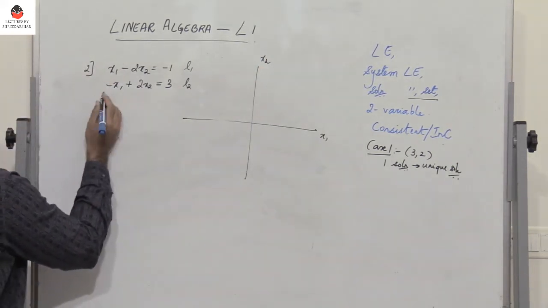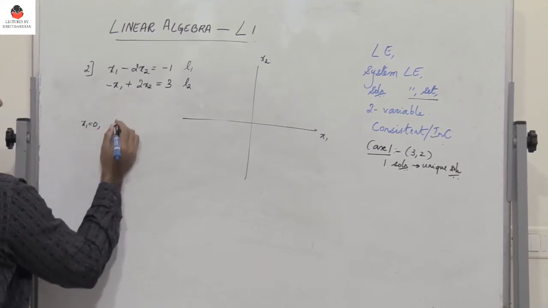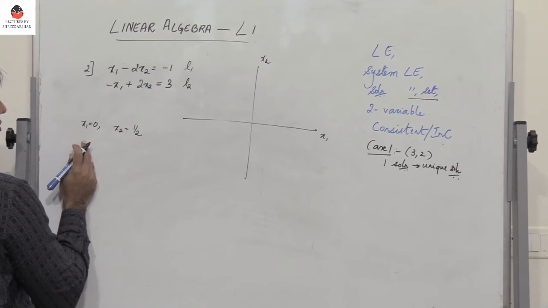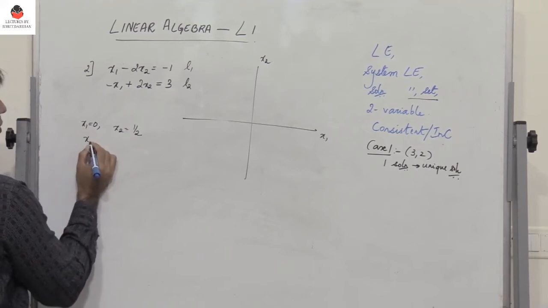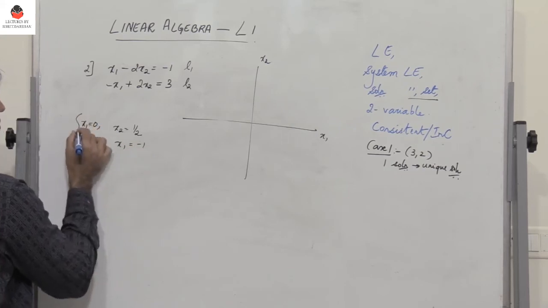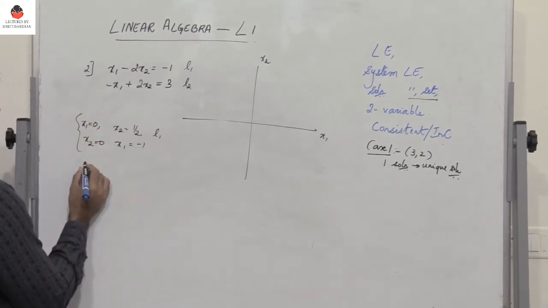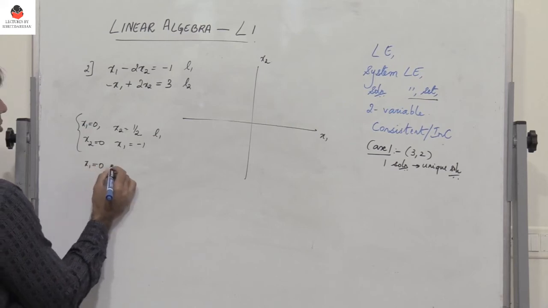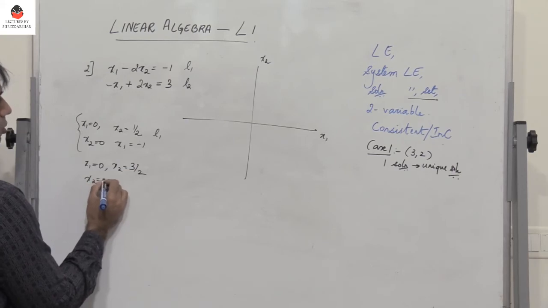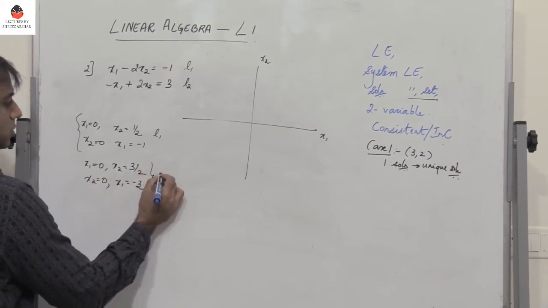Here, if I put x1 equal to 0, I find that x2 is equal to 1 by 2. Similarly, if I put x2 equal to 0, x1 is minus 1. So this is for the first linear equation. Similarly, if I put x1 equal to 0, I get x2 equal to 3 by 2. If I put x2 equal to 0, I get x1 equals minus 3. So this is for L2.